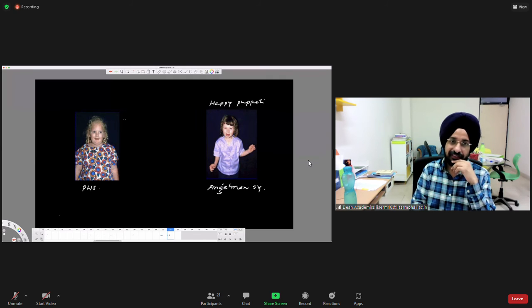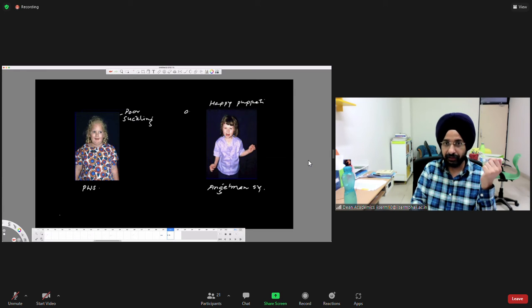The first thing is the milk suckling. It is difficult to feed this one. Poor suckling. You can write one of the phenotypes as poor suckling. This one is over suckling, the contrasting one. This one is lethargic or lazy.